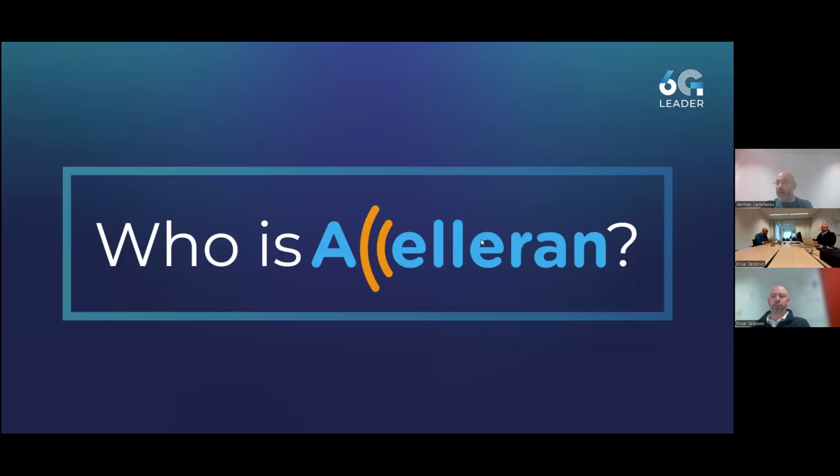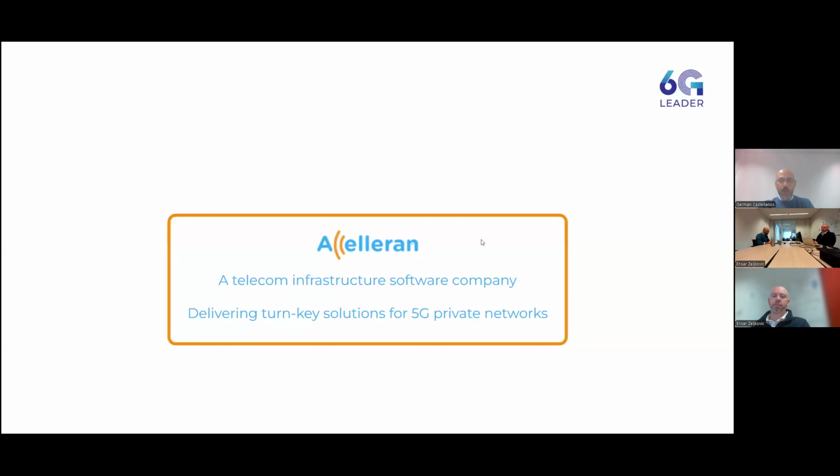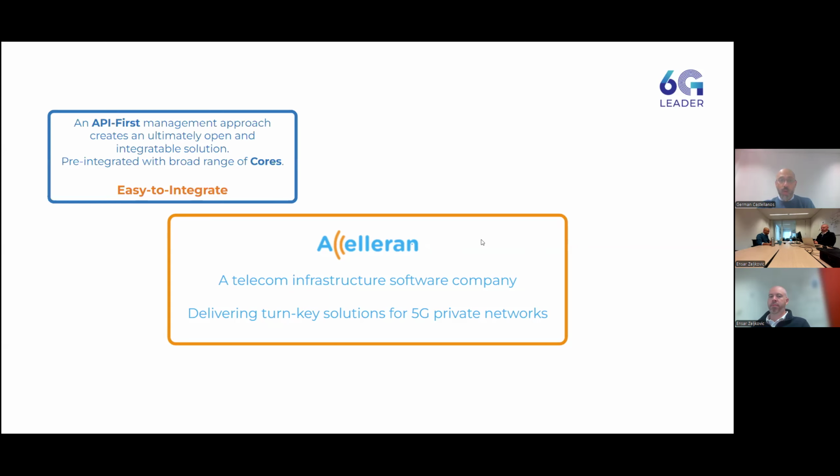But who we are, who is Accelleran, and why we are doing this workshop. So basically, we are a telecommunication infrastructure software company that aims to develop turnkey solutions for 5G private networks. Why we do it and how we use it? We do it by API first, which is enabled to integrate with cores or with applications that are easy to integrate.